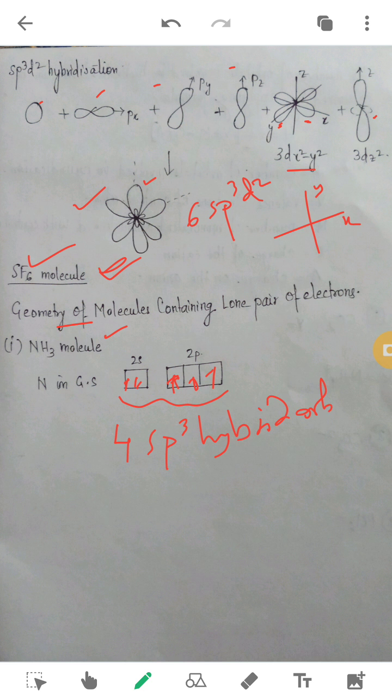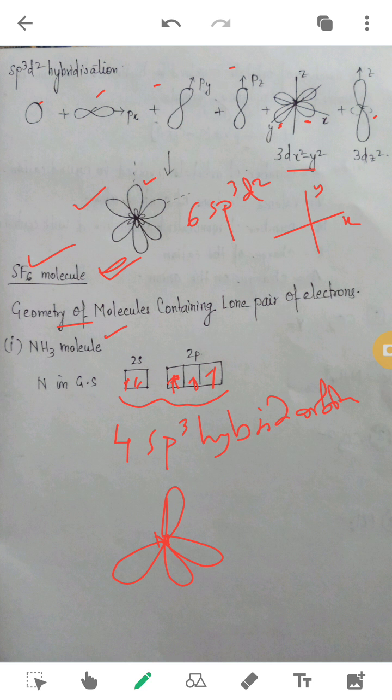When we draw this NH3, suppose 4 sp3 hybrid orbitals, let me draw it first. Okay, this is for nitrogen. Central element is going for hybrid orbital formation, to make sure that it can go for the covalent bond formation with the atomic orbitals of the other atoms.